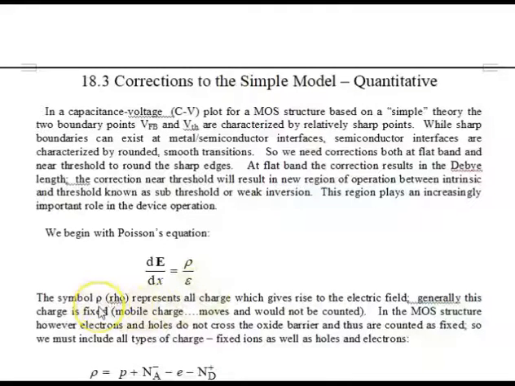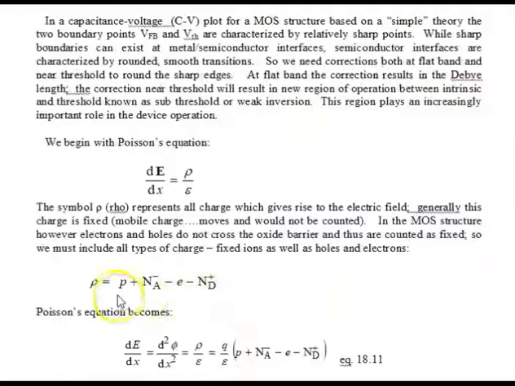In this particular case, rho represents all the charges, the charges that give rise to electric field. Almost always, charges that give rise to electric fields are stationary. Charges which are mobile in electric fields will move. In this particular case, we're going to look at those charges that can be potentially mobile, but they're static in this particular case.